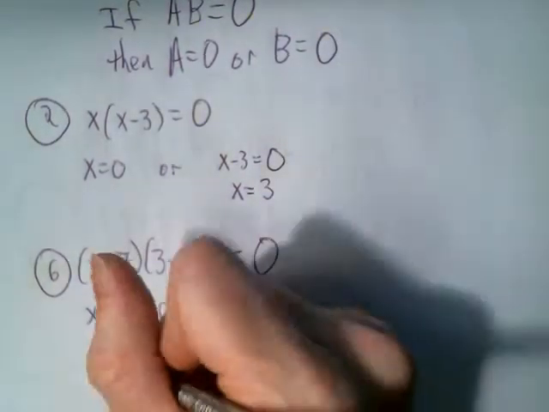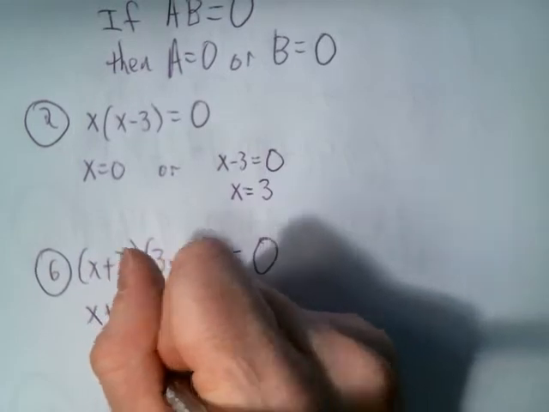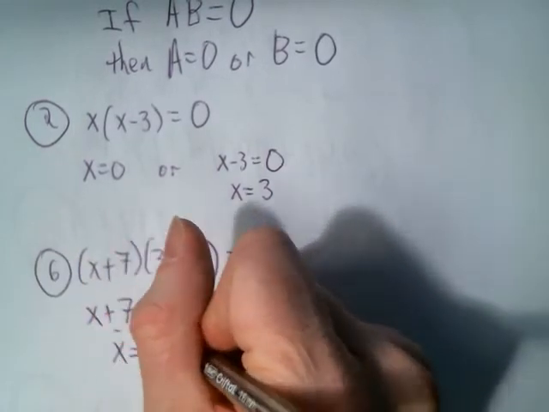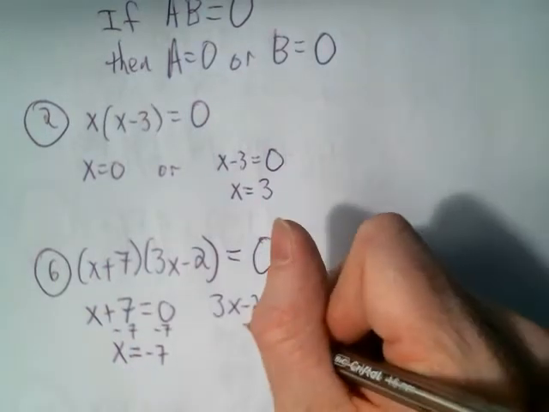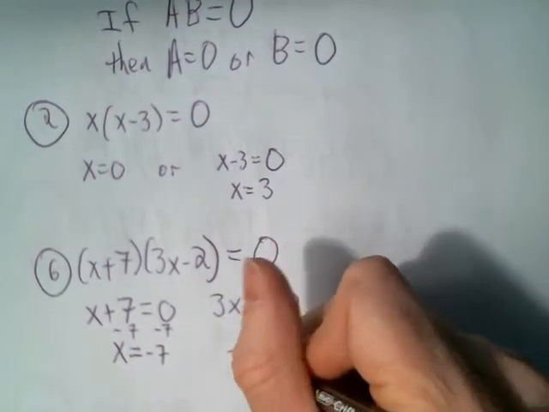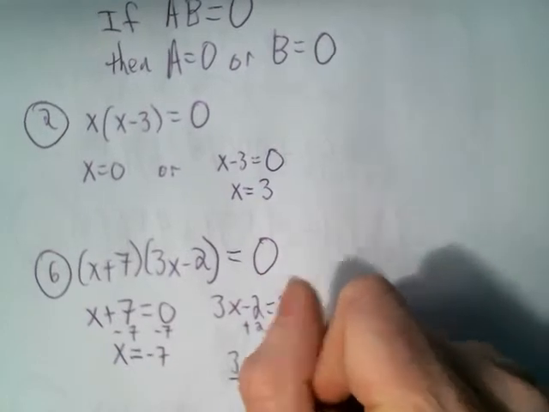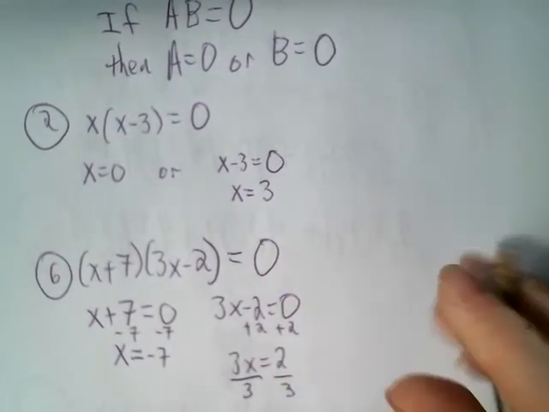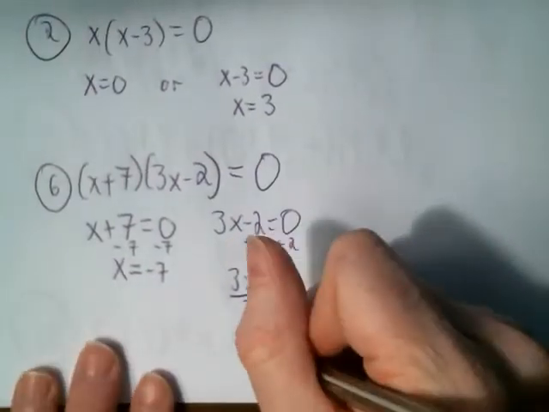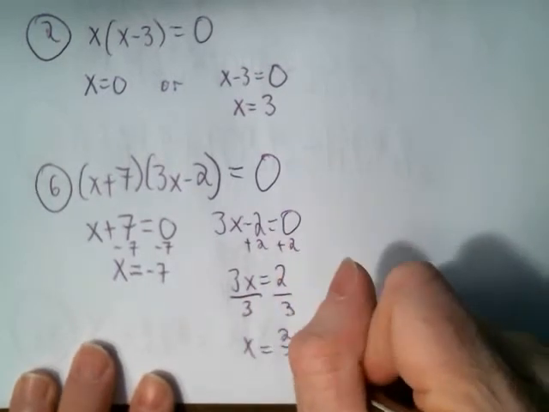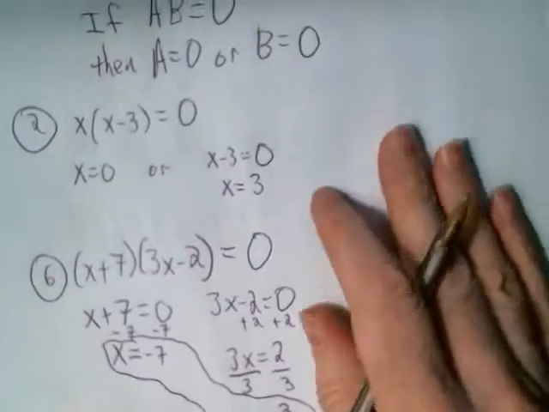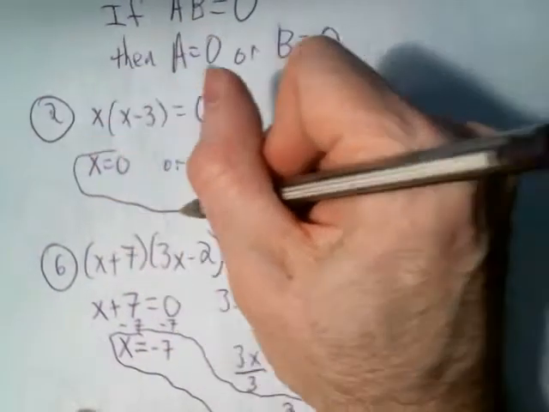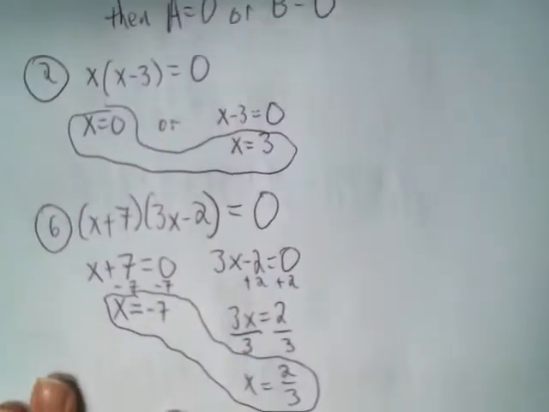I like to write it all out. I'm a writer. So anyways, here you subtract 7 on both sides, and you get x is negative 7. Over here, add 2 to both sides. You get 3x is 2, and then divide by 3. Okay, so x is 2/3. And there's our solutions. You circle them or whatever, there they are.